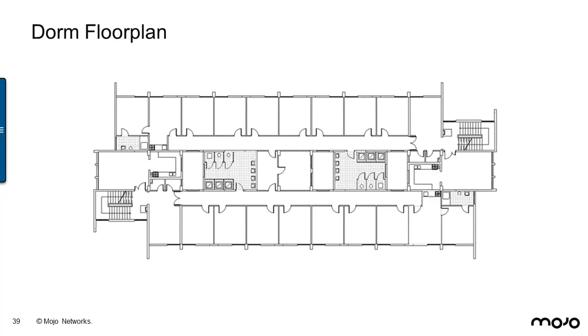We've had a lot of experience with this over the years, putting the APs in the hallways, and we found that with the high attenuation of some of the building materials used, the 5 gigahertz wasn't good coverage in some parts of the rooms. And so now we're recommending that you put the APs actually in the dorm rooms.